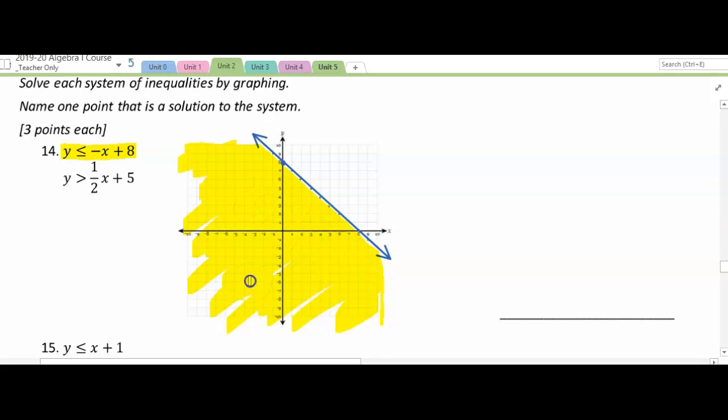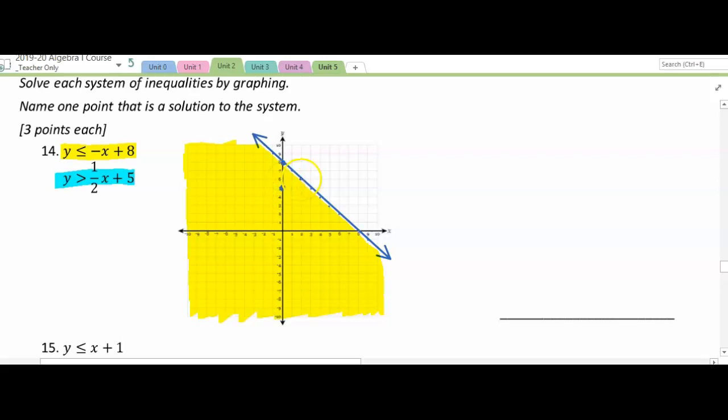Next, we're going to graph the second equation on the same graph because it's a system of inequalities. And when we graph systems, that's exactly what we want to do. Put them on the same graph. All right, I'm going to use blue for this one. I'm going to begin at 5.